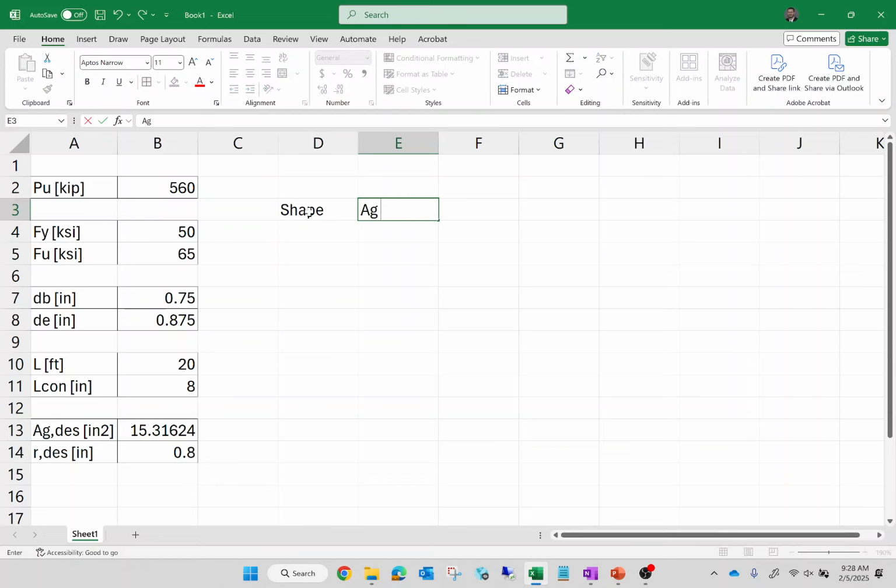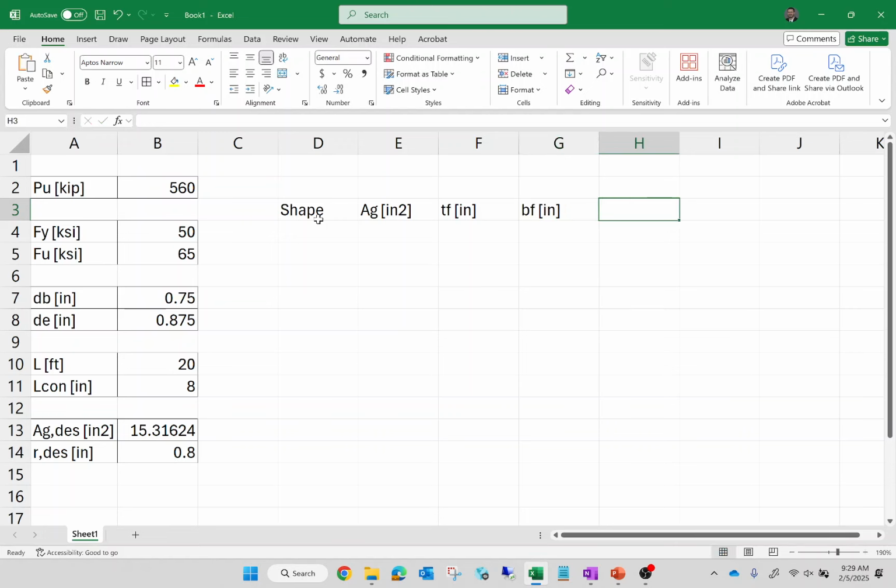We said gross area, flange thickness, we said BF and D, right? We said RY, and then we said Y bar for the WT, right? That's what we said were the inputs, right?